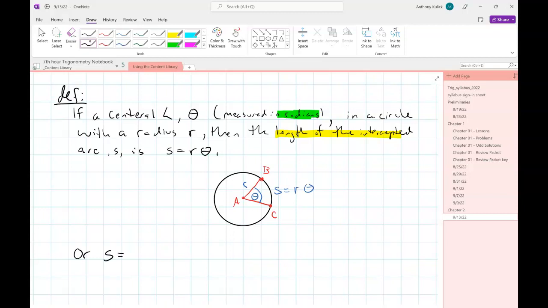If I was given theta in degrees and wanted to find the arc length, what would I have to do? Well, I'd have to convert theta into radians by multiplying it by pi over 180.